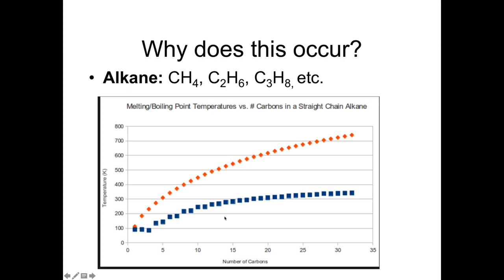And as you keep adding more and more carbons, you're going to add more intermolecular forces, and that is then going to allow each of the new molecules that has more carbons and more hydrogens and more intermolecular forces to boil at a slightly higher temperature. So this just shows why larger carbon chains are going to have a higher melting or boiling point than ones that have fewer, and it's all due to the intermolecular forces.